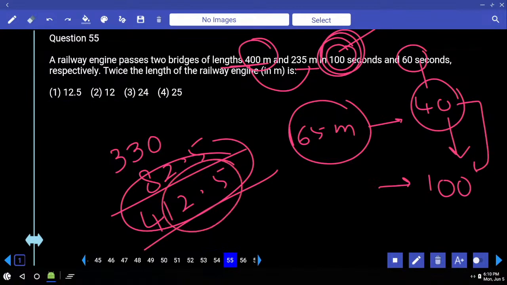Therefore 12.5 meter is the length of the engine, therefore twice the length is nothing but 25, option 4.